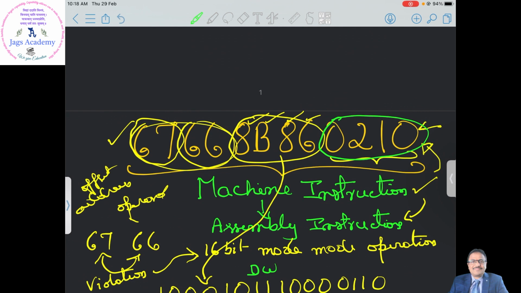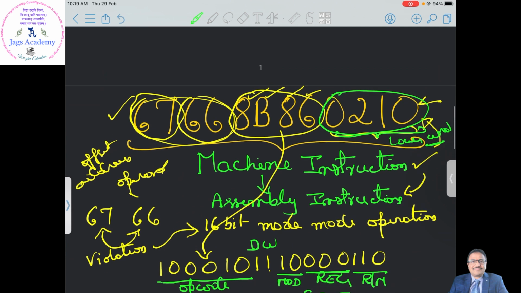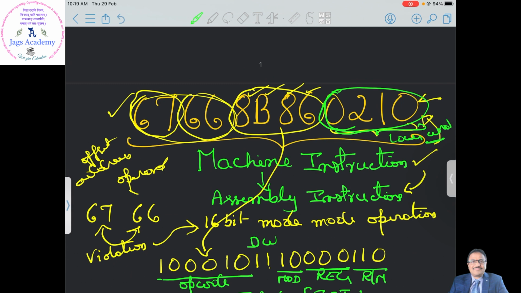Now you see here, what is stored here as the displacement is the lower word. Understood this? In memory, what is stored here is the lower byte, then the next to lower byte, and it follows.